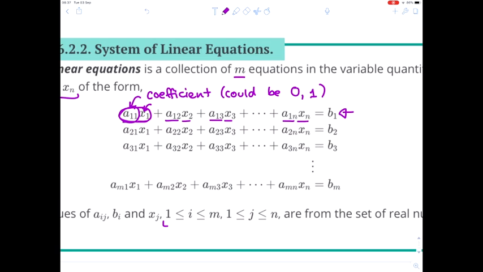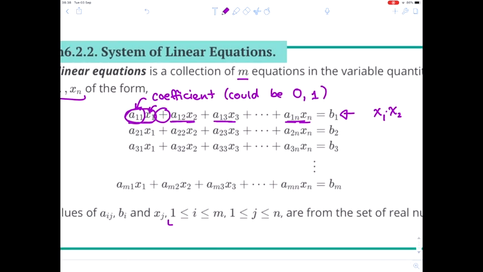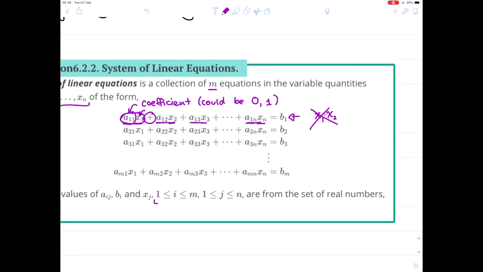Then we take a term for each of our variables and we just add them. So we don't have any terms of the form, for example, x1 times x2, no cross terms. We don't have anything of the form x squared or x to any other power, or x square rooted or anything like that.